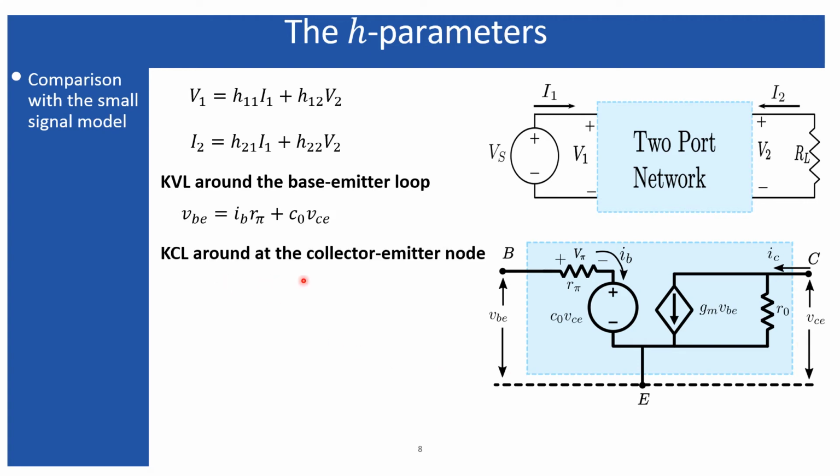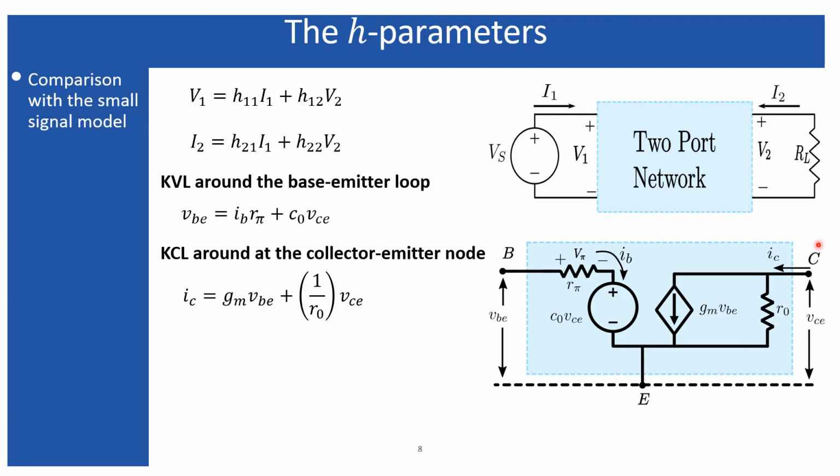Again, if you apply KCL at the collector emitter node at this point, that KCL will result in this equation: IC is equal to GM VB, some part of this is GM VB and some is going to R naught, so the output voltage divided by R naught.